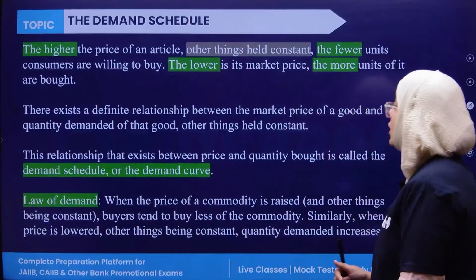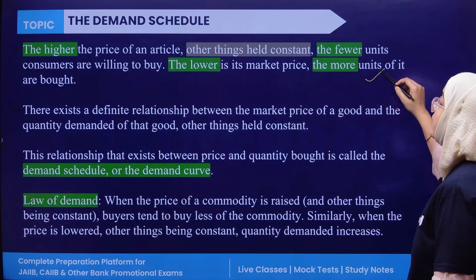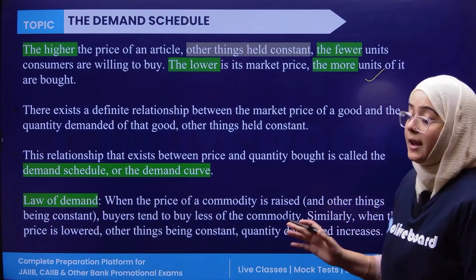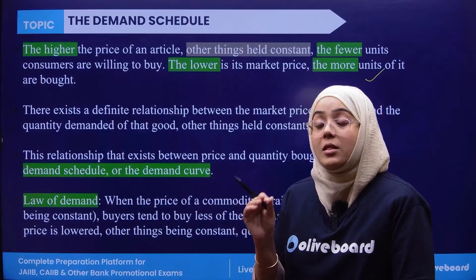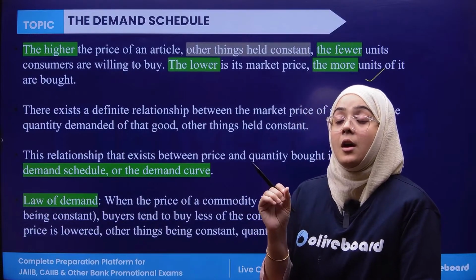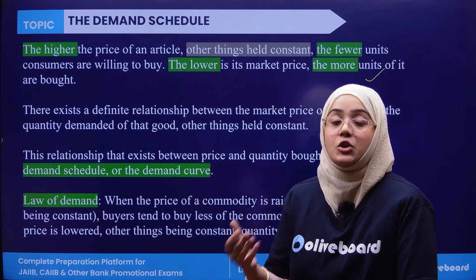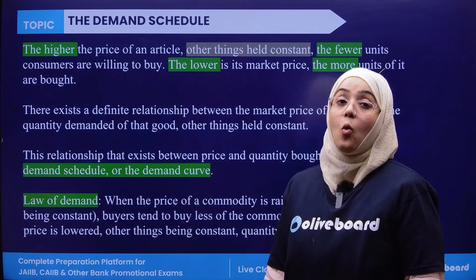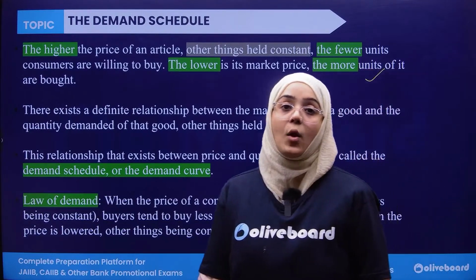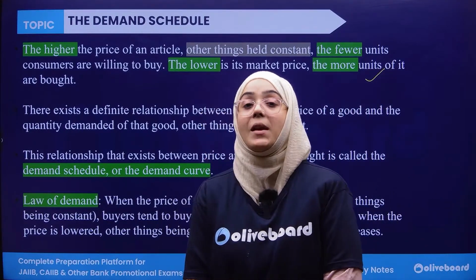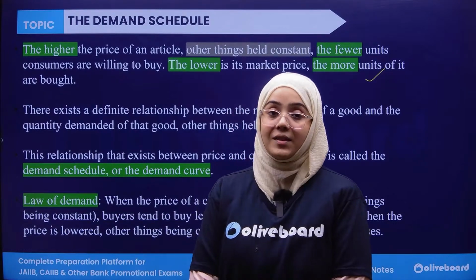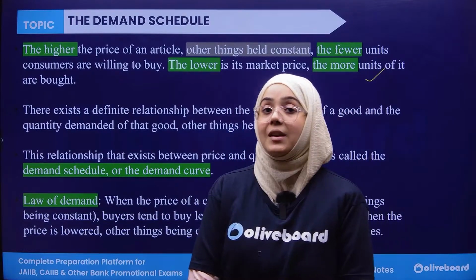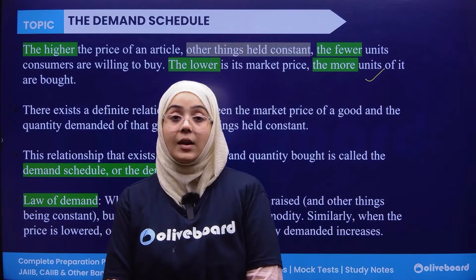Clear? So first of all, the higher the price of the article, other things remaining constant. Other things remaining constant means we are only concerned with the change in price. For example, fashion remains constant, climate remains constant, preferences remain constant.